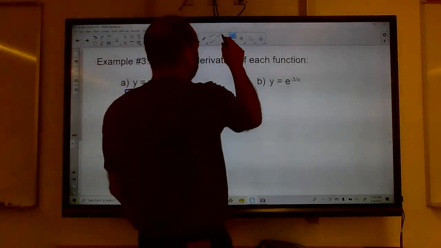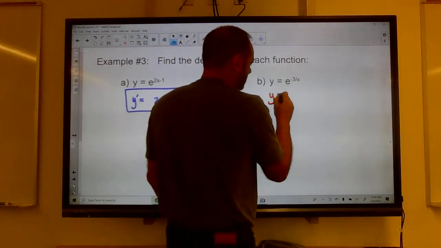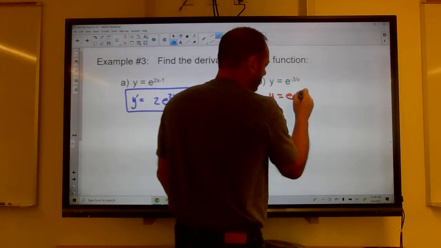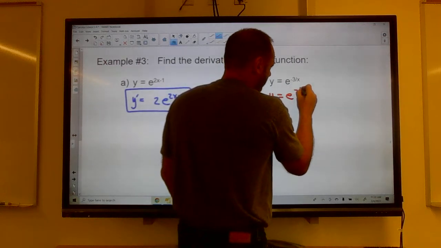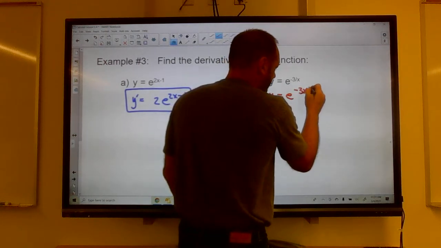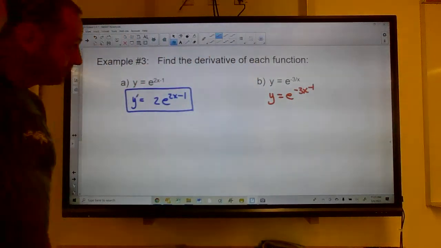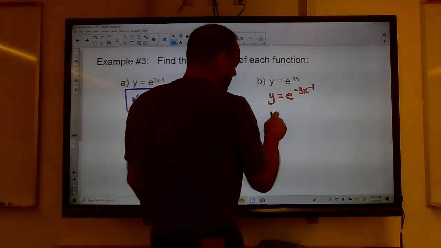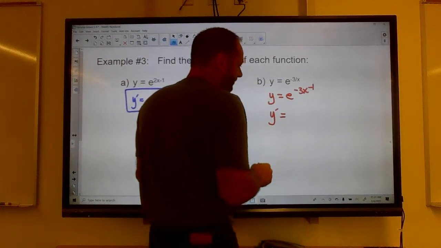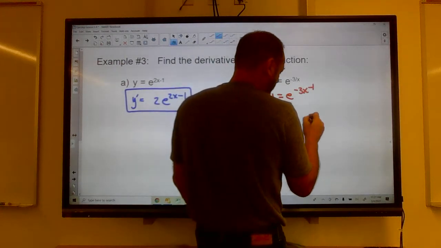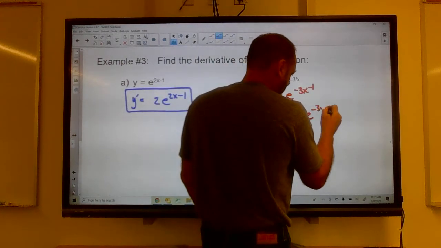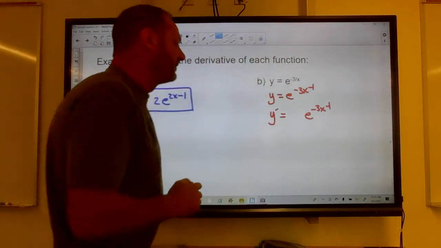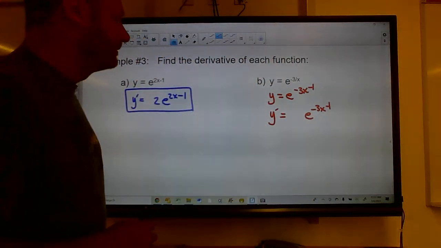This one here, I would probably change this to be e to the negative 3x to the negative 1 power. Okay, so the derivative of that is going to be e to the negative 3x to the negative 1 power times the derivative of the inside.